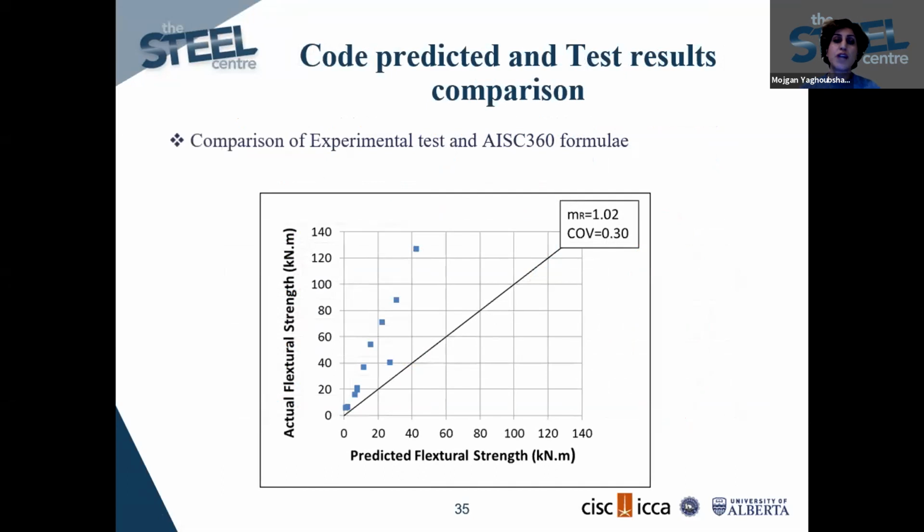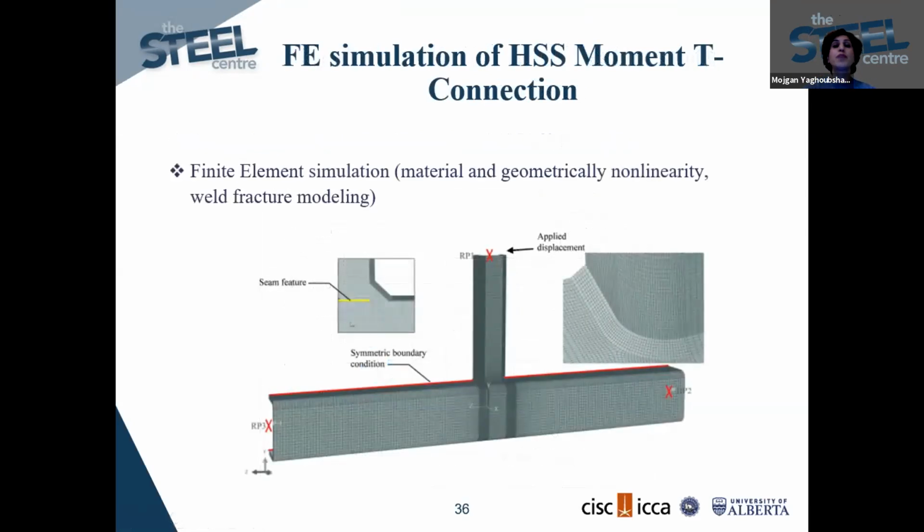This is also a graph showing a correlation between the experimental test and the strength calculated by the AISC design formula. For this case, it's almost 3 times larger than that calculated by the AISC formula.